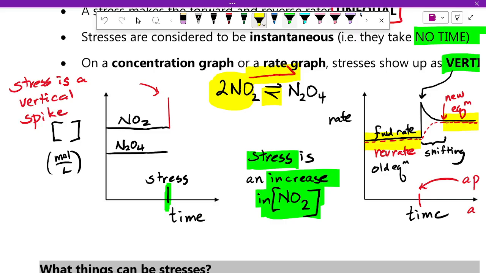So the concentration of NO2 is going to go down, and it's going to try to get down to the original concentration, but it won't quite get there. It's going to flatten out before we get to the original concentration.